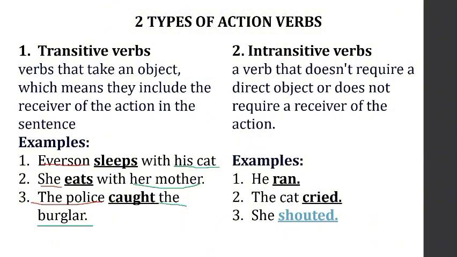So here we can clearly see the subjects, which I am going to highlight, which are he, the cat, and she. However, as you can see in the transitive verb, we have labeled the direct object, and here there is no direct object, no receiver of the action being done by the subject.